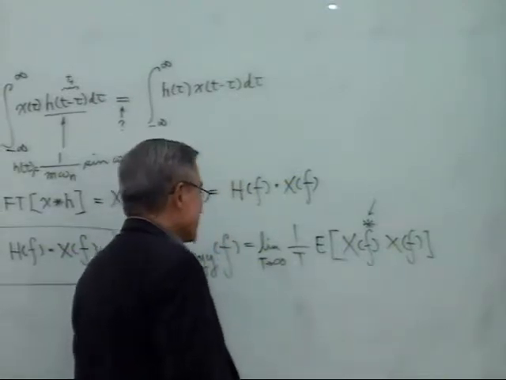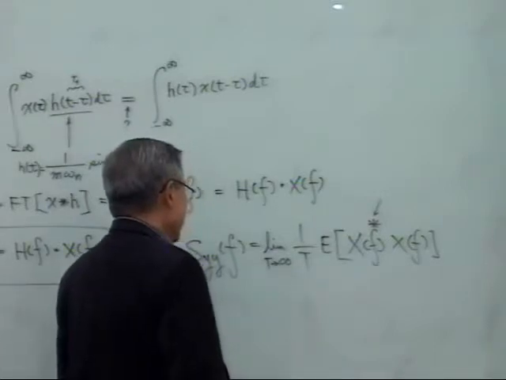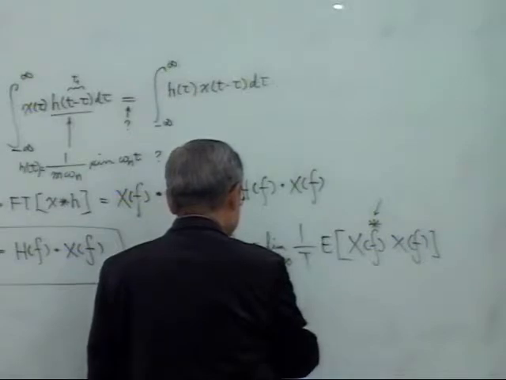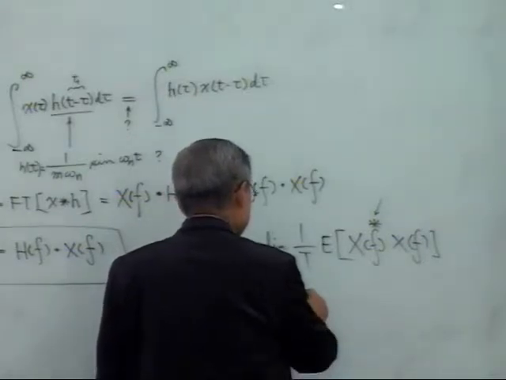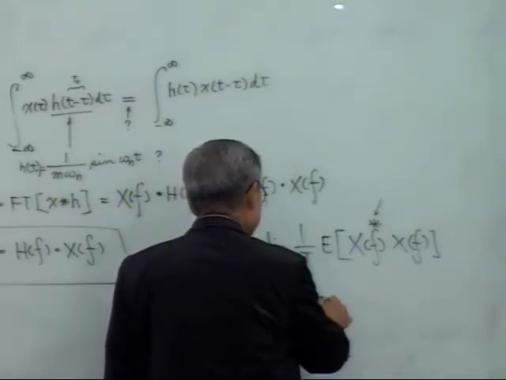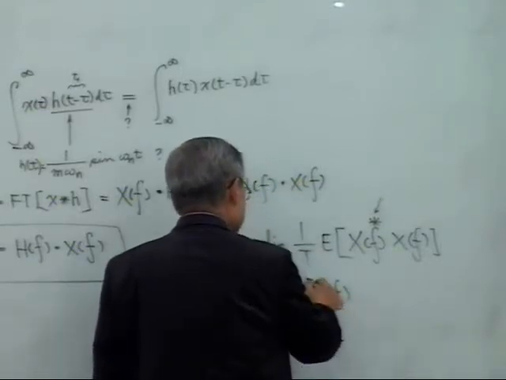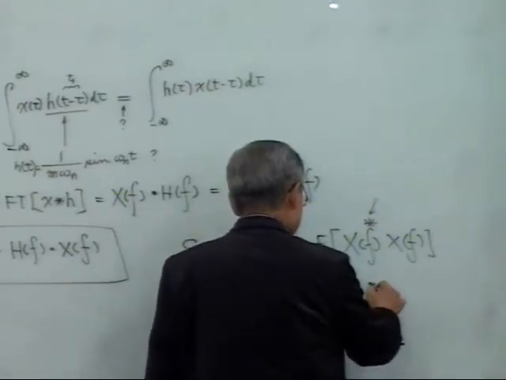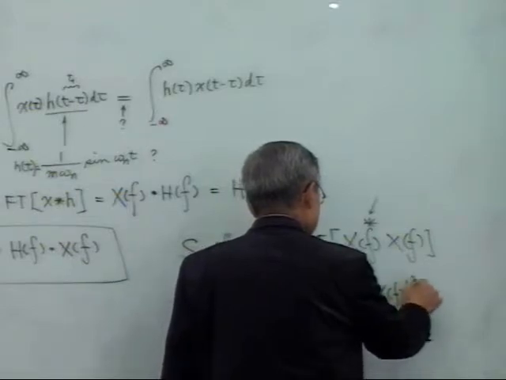That's not the convolved. That's why I mentioned this spectra is proportional to X(f) times X conjugate(f). Can I do this?